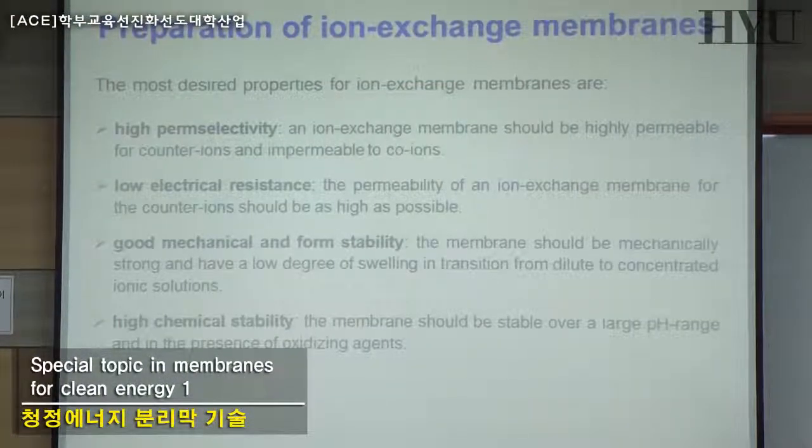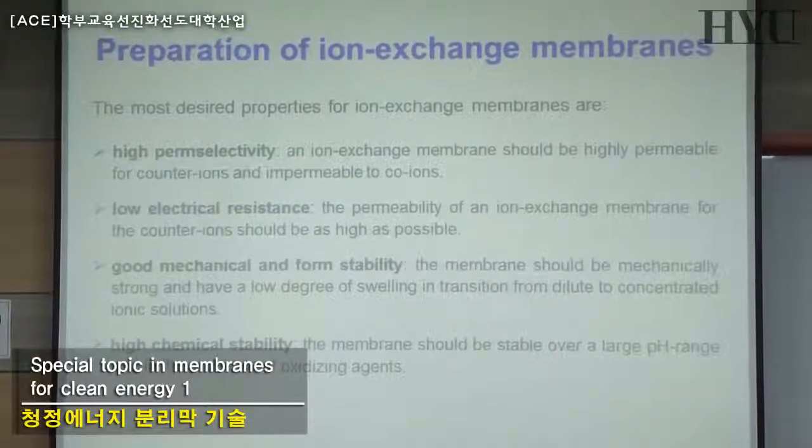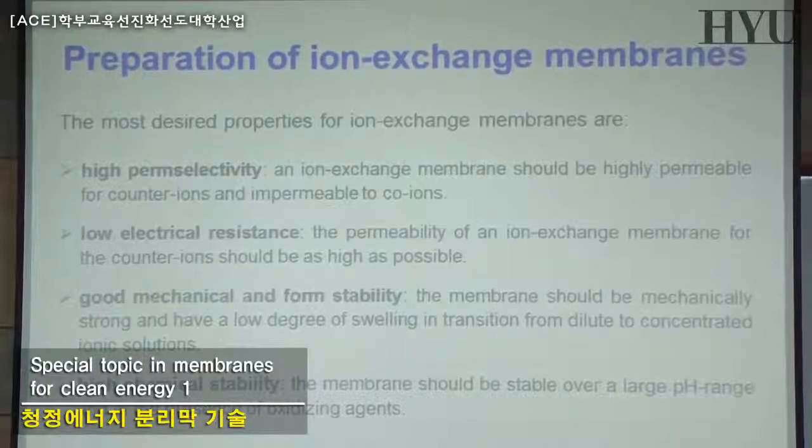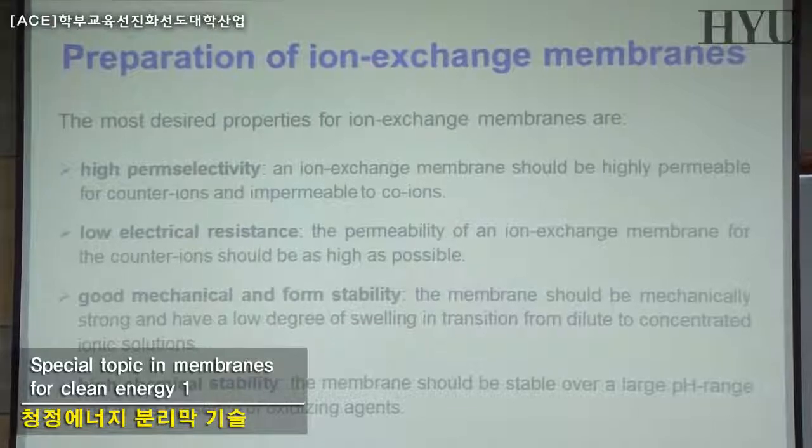How can we make this ion exchange membrane? Well, if you have sulfate or ammonium containing functional groups in your backbone or in your side chain, then you can make this ion exchange membrane.